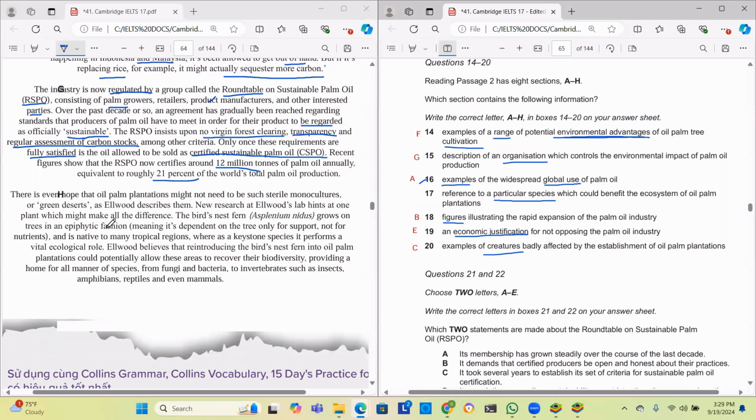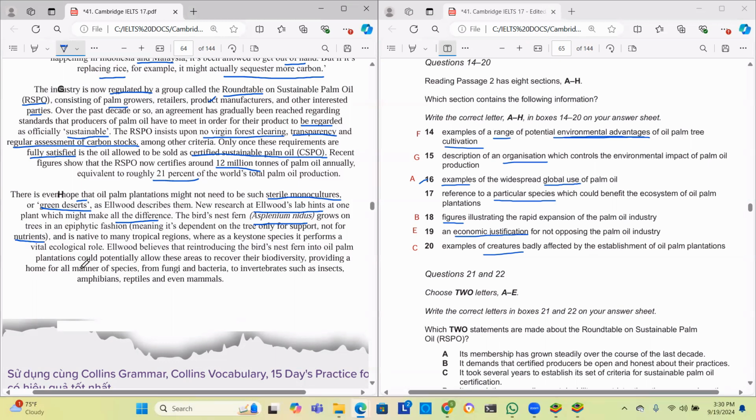Let's read H. Okay, so there is even hope that oil palm plantations might not need to be such sterile monocultures or green deserts, as Elwood describes them. New research at Elwood's lab hints at one plant which might make all the difference. The bird's nest fern, Asplenium nidus, grows on trees in an epiphytic fashion, meaning it is dependent on the tree only for support, not for nutrients.